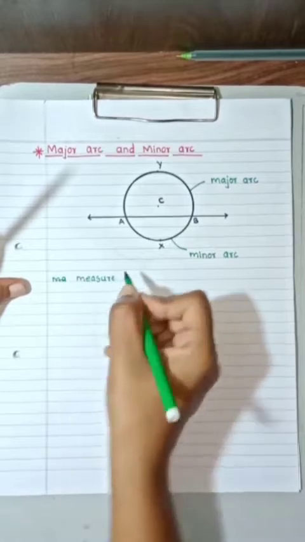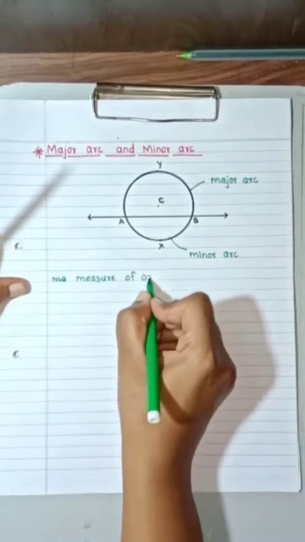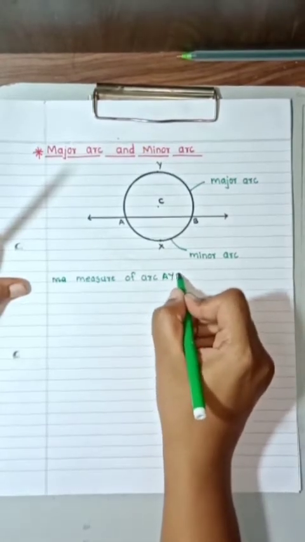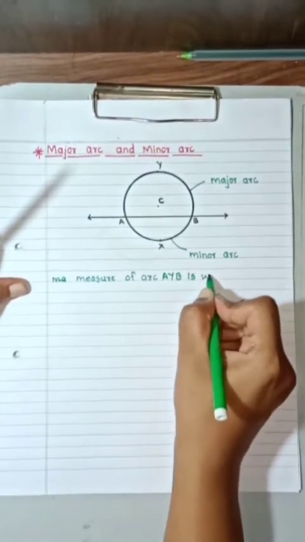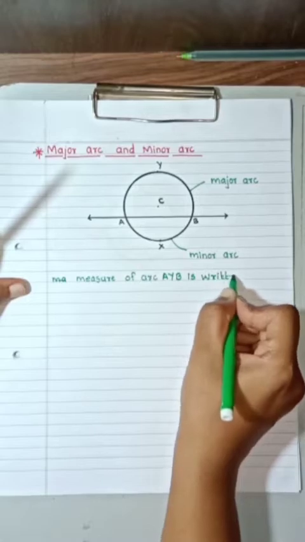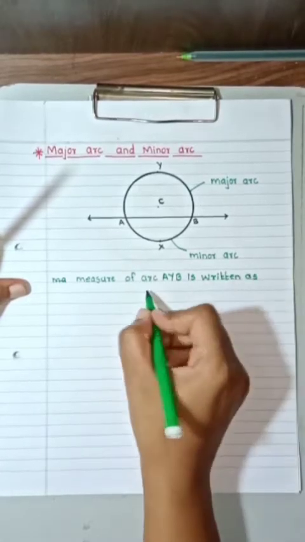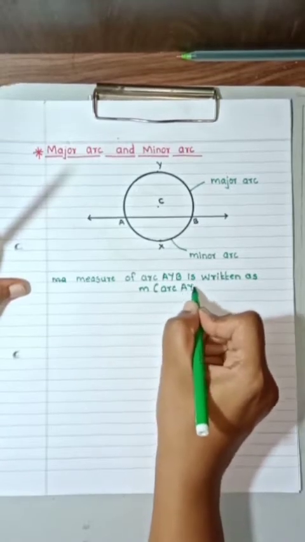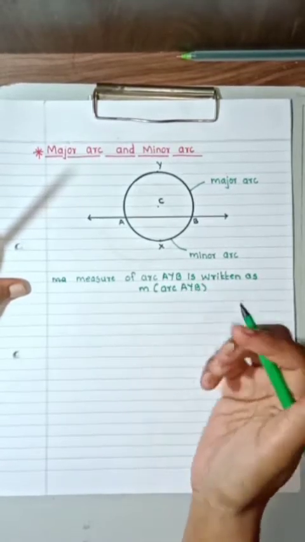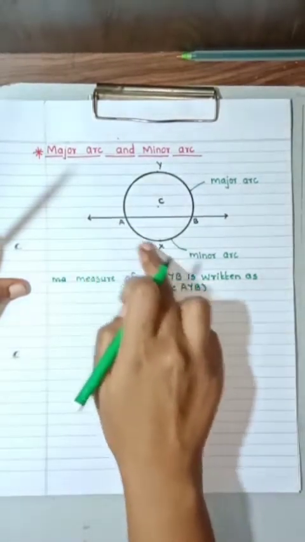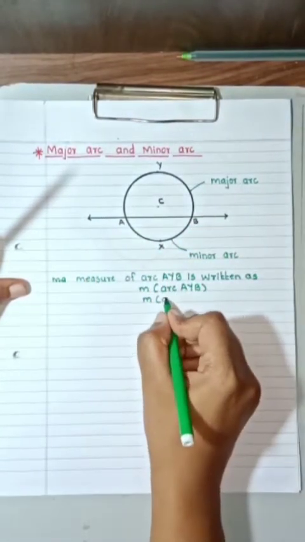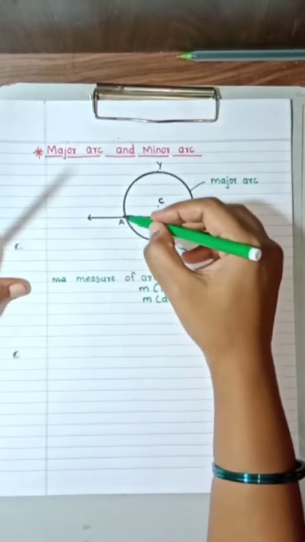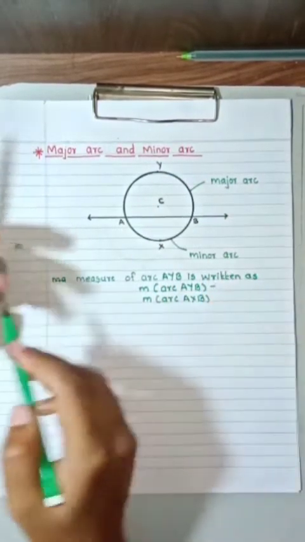Now we'll write down the measure of arc. How to write the measure of arc? The measure of arc AYB is written as m, for measurement, in brackets arc AYB, as well as you can write the measurement of arc AXB. So AYB is what? It is the major arc.